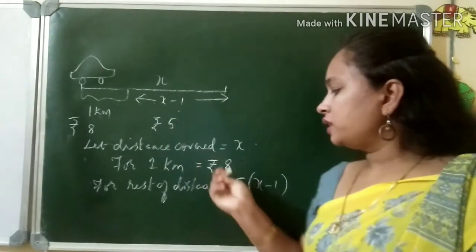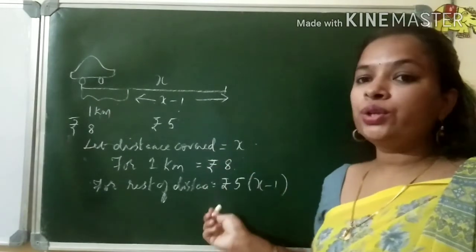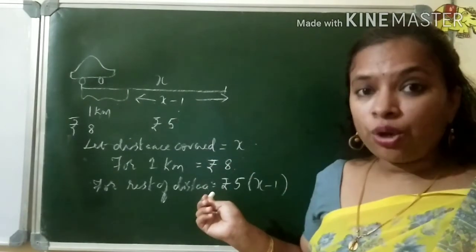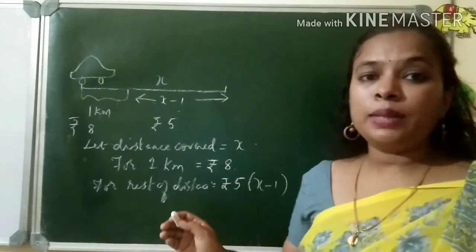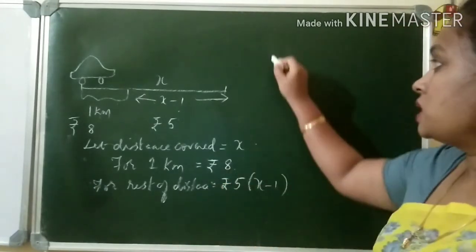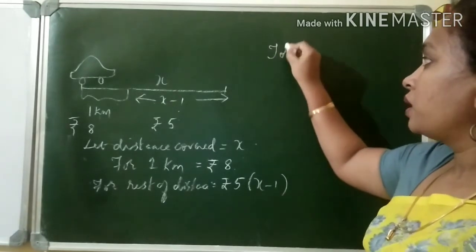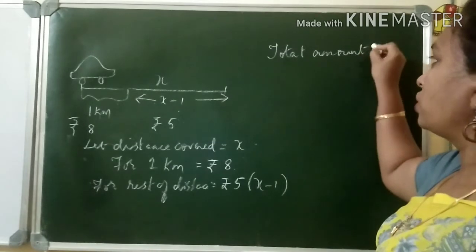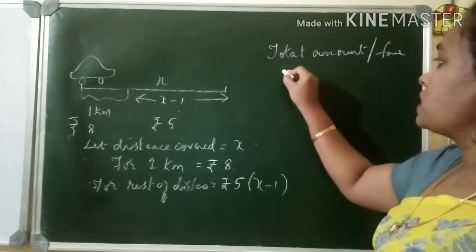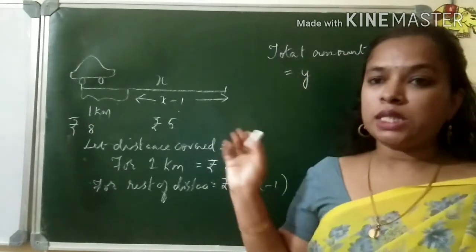After this, you need to show how much amount is being given. What is the variable they have asked you to take? The variable is y. The total amount paid, or fare, is equal to y. It's given in the question itself.